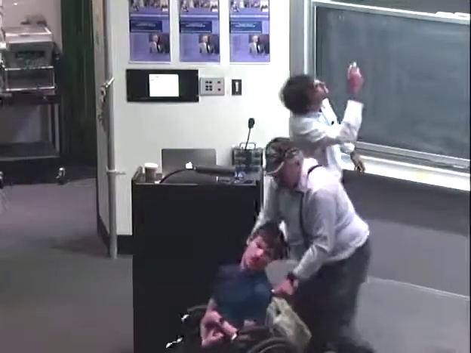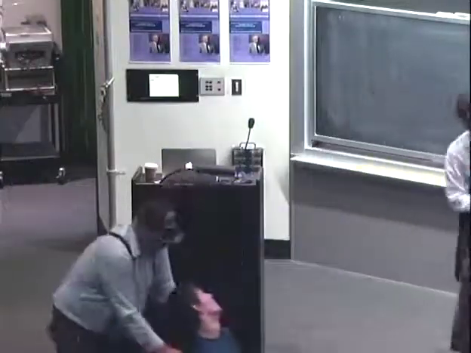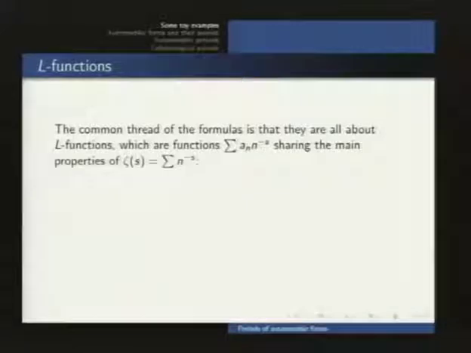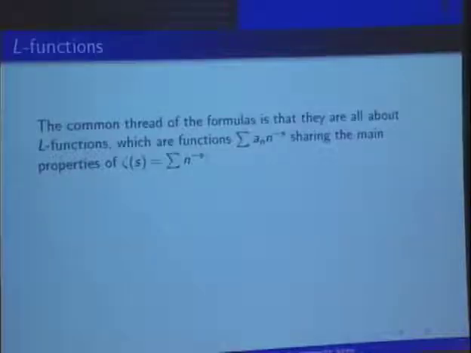The examples that I'm going to give, I'll first say what they have in common. They're all about L functions, and for the purpose of this talk, you can understand an L function to be anything which looks and smells like a Riemann zeta function.